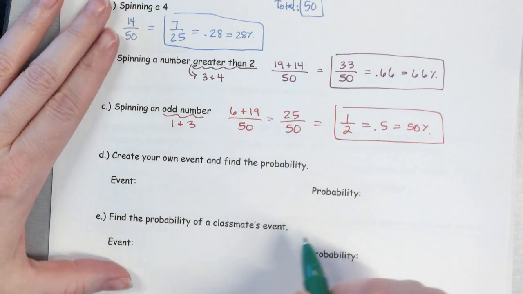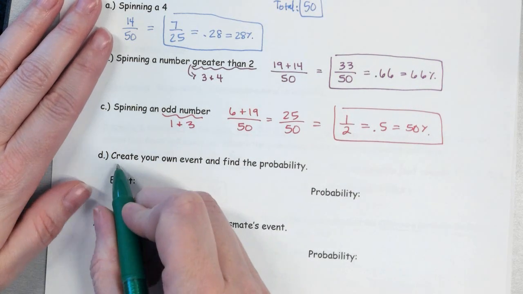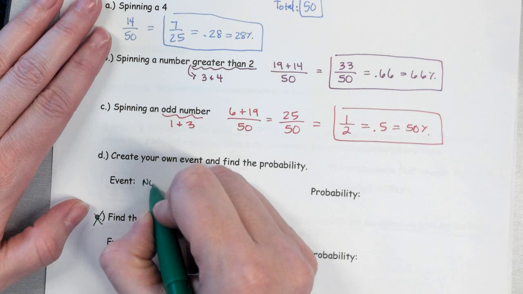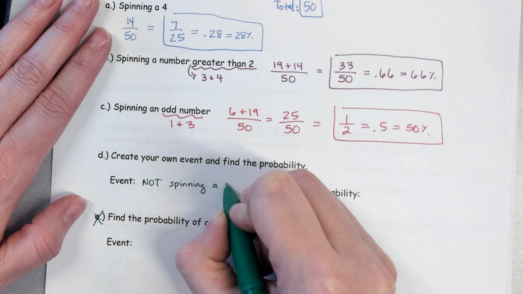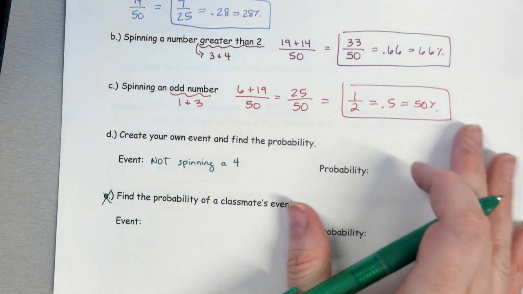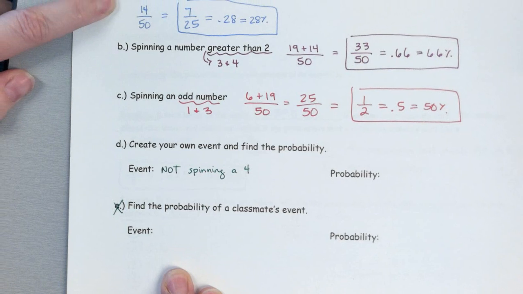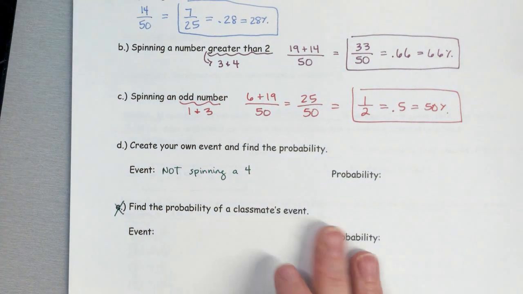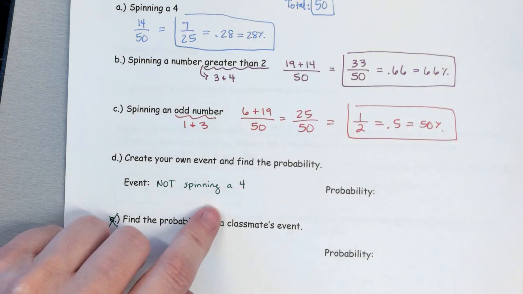Oh, I know. I want you to do this one, and then we'll skip E, but I want you to do this for D. I want the event to be not spinning a 4. If you're not spinning a 4, there are 2 ways that you can do that. See how you already found the event of spinning a 4? This is where you can use the complement.